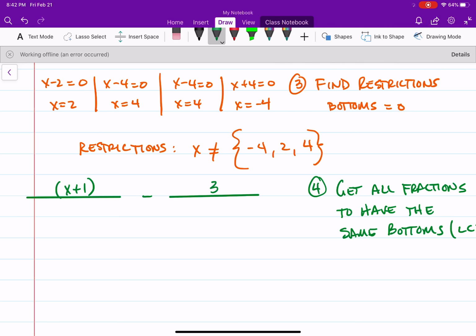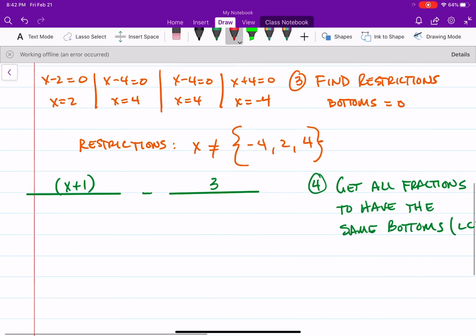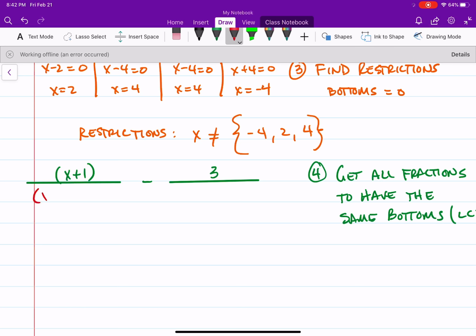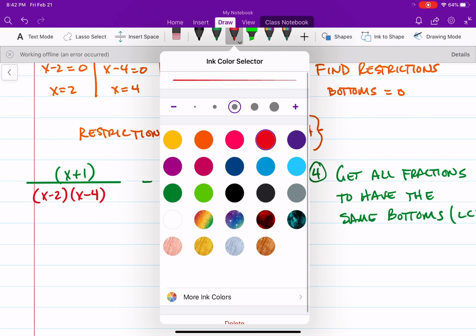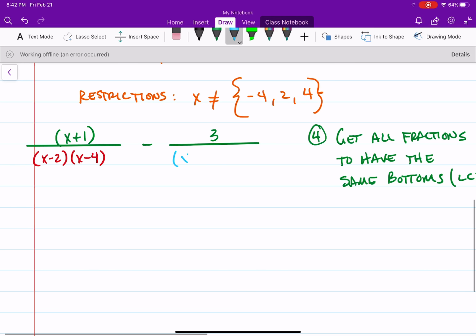You had x minus 2, x minus 4, and then we got x minus 4 and x plus 4. Okay, so this is where we're basically doing the LCD.